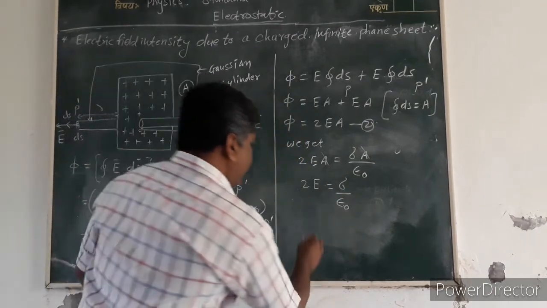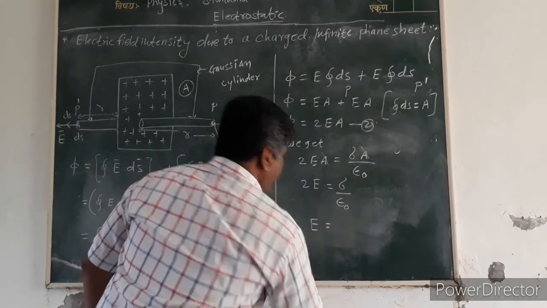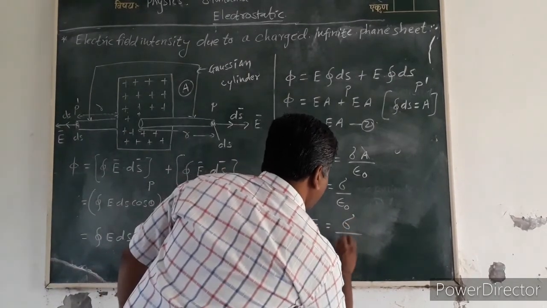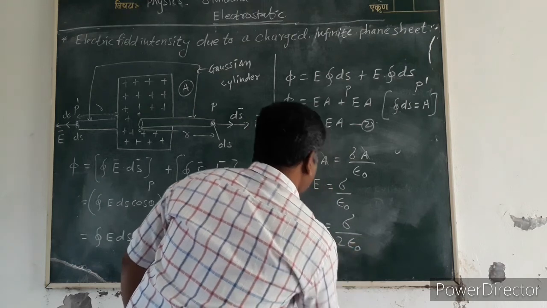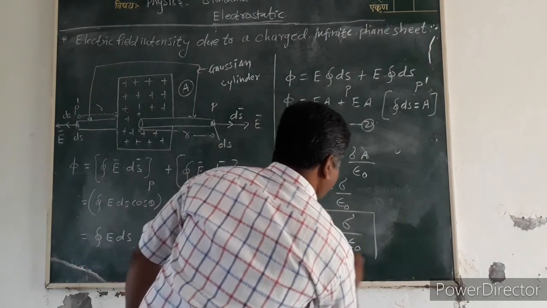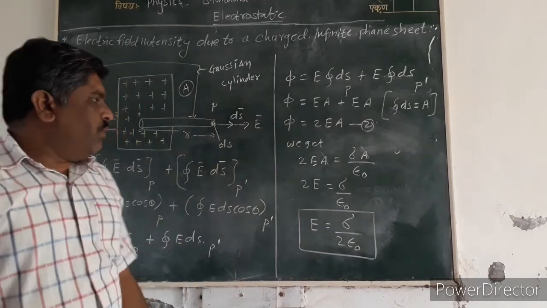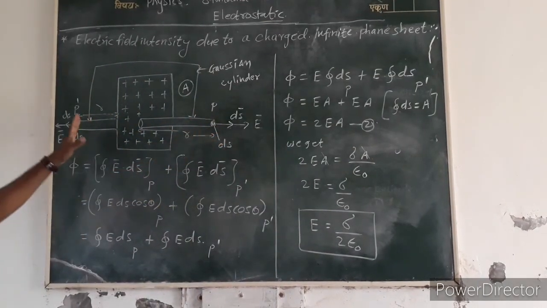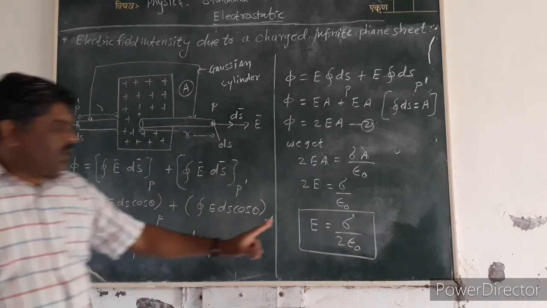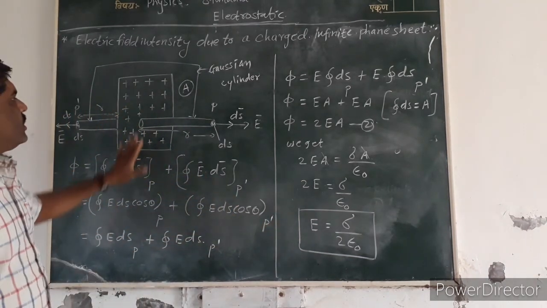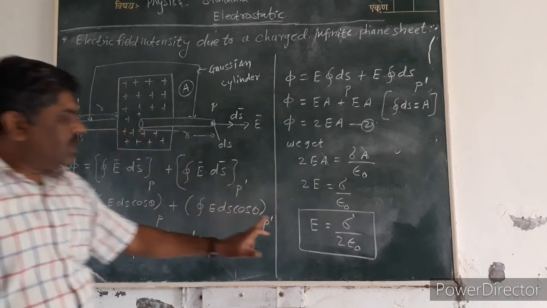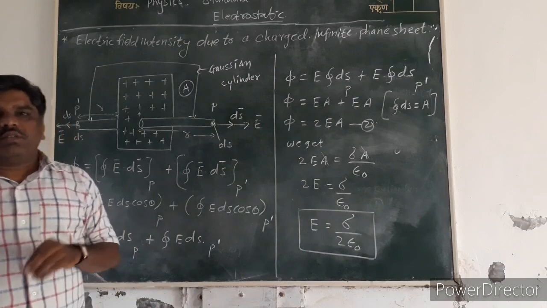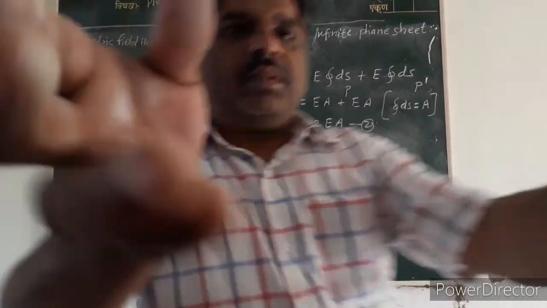And we find out finally electric field intensity E is equal to sigma upon 2 epsilon 0. This is the electric field intensity at point P or at point P dash due to charged infinite plane sheet, equal to sigma upon 2 epsilon 0. Thank you.